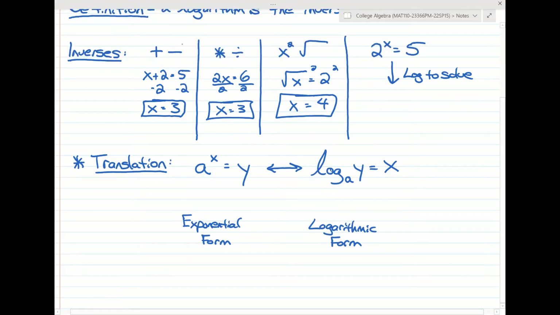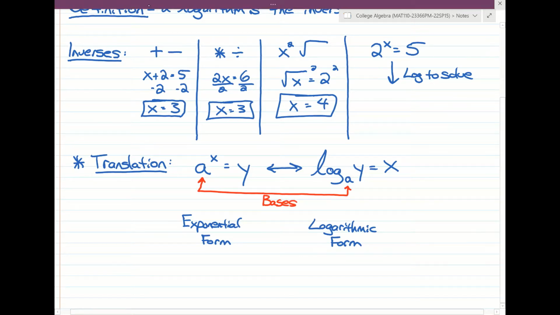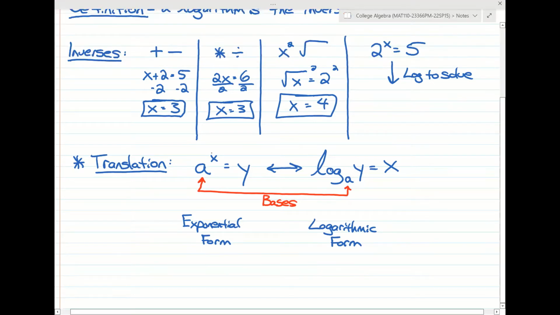It's important to note that these numbers are called bases. These numbers are called the exponents. And the y is really called an argument.